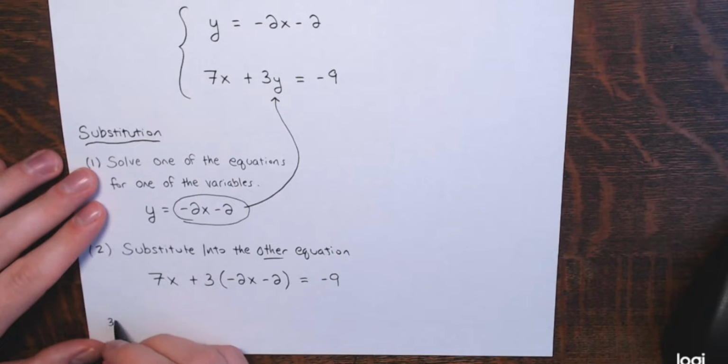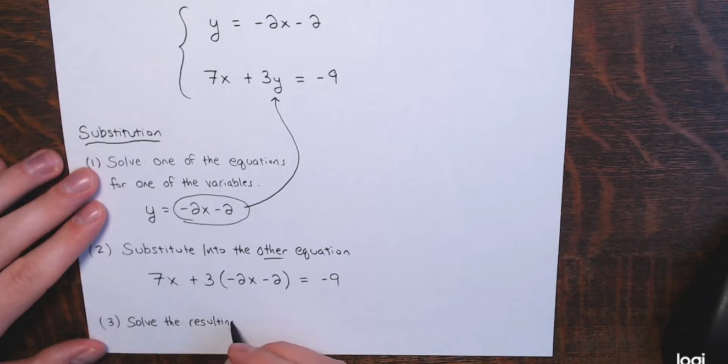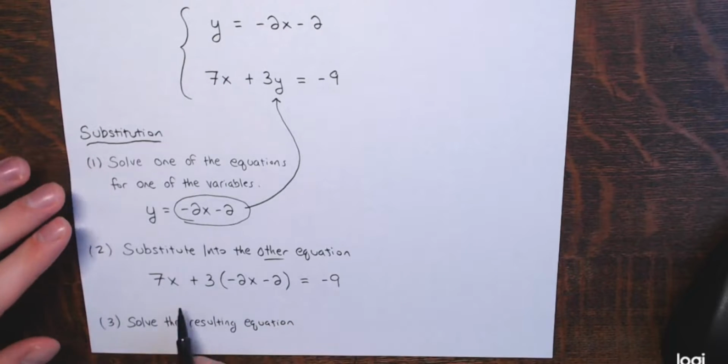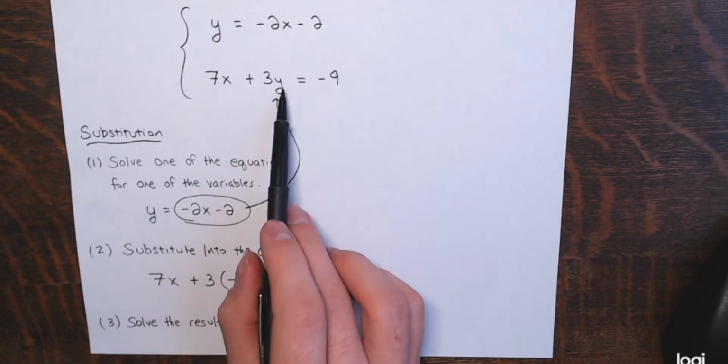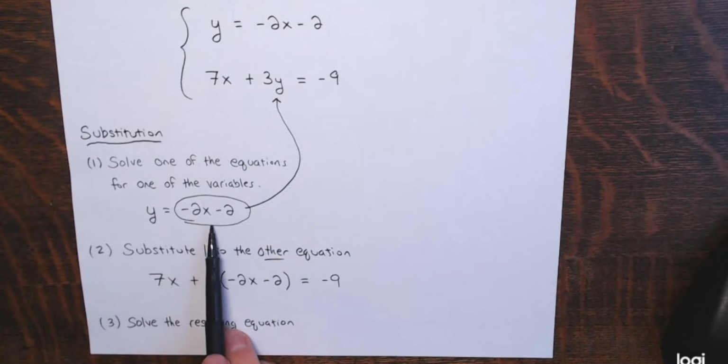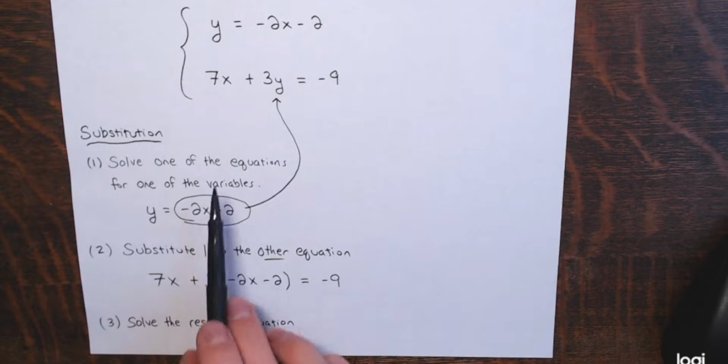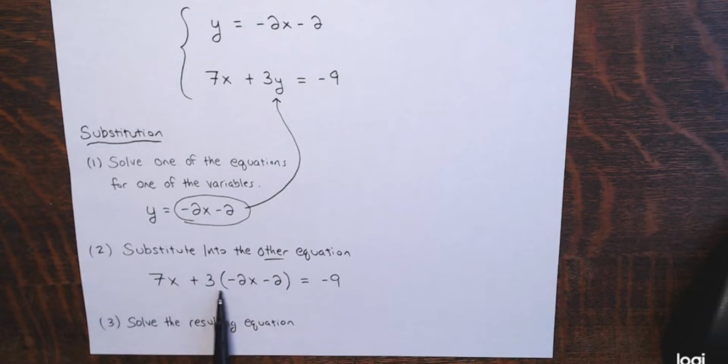Next step is solve the resulting equation. After I replace y with negative 2x minus 2, that second equation, instead of having two variables, now just has one variable, and I can solve for that one variable.